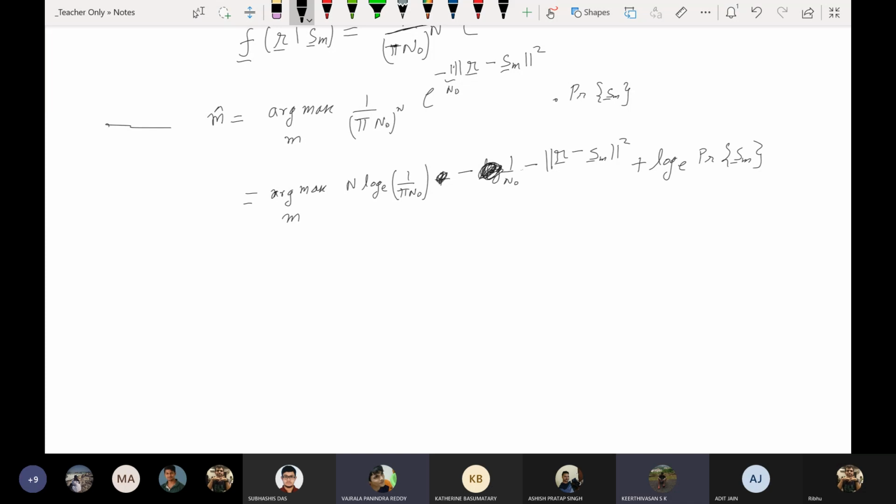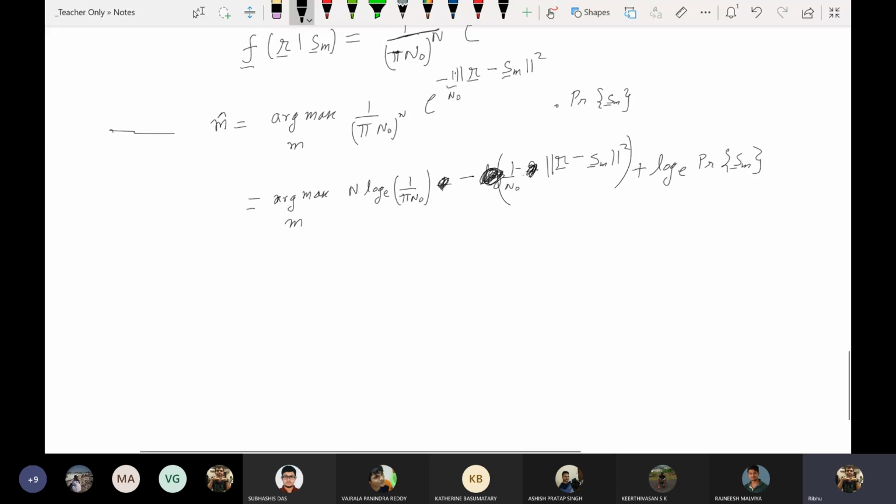You're taking everything in log, right? Yeah. Is there an extra minus between 1 by n naught and the next term? This shouldn't be there. This is a product, a product of a log. Yeah, now it's okay.